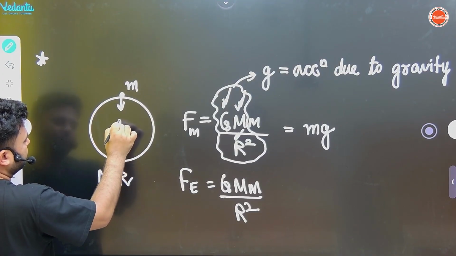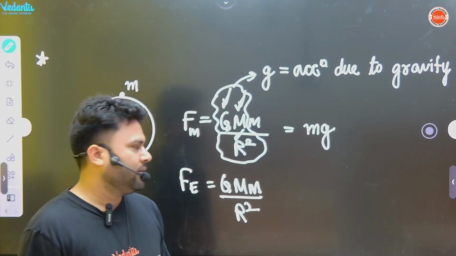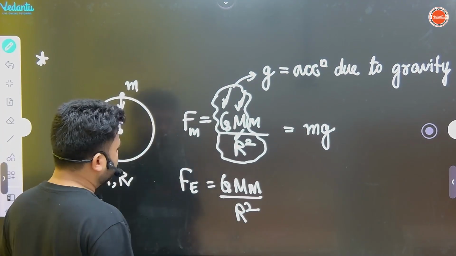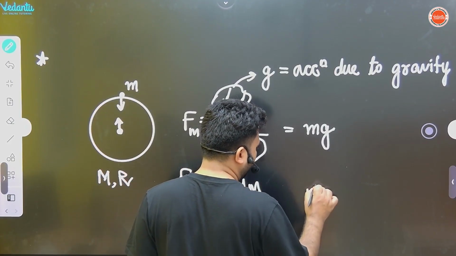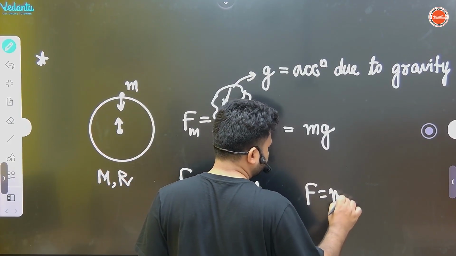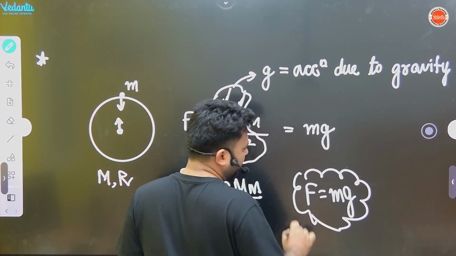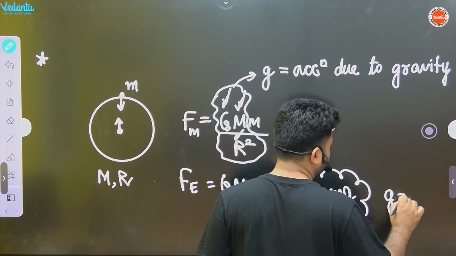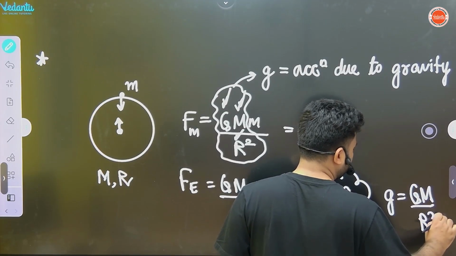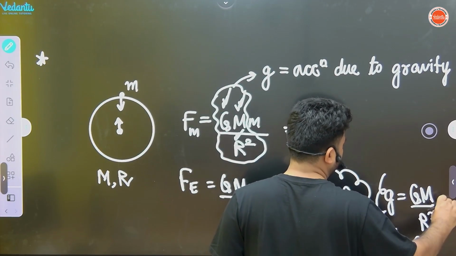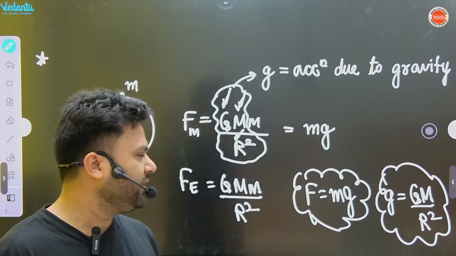It is not going to move. Okay. So any object on the surface of the earth is attracted by the force mg. Always remember this g formula. This is very important. g equals G M by R square. This formula is very important.